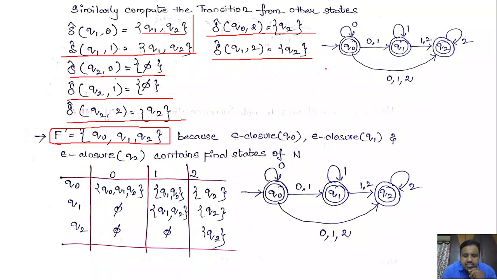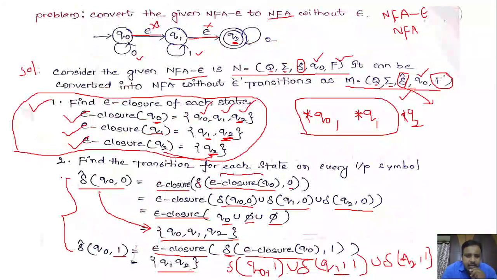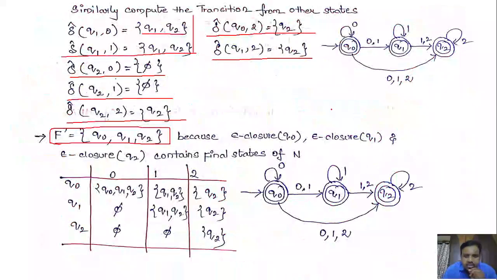So by considering these transition functions, we have to draw the state transition diagram. What is the first thing? Delta cap of q0 on 0. Where is it going? It must go to q0, q1 and q2. So three states. So q0 on 0 goes to q0, q0 on 0 goes to q1, and q0 on 0 must go to q2. Okay. Next, delta cap of q0 on 1. Where should it go? q1 and q2. So q0 on 1 goes to q1, and q0 on 1 goes to q2. Okay. Next, delta cap of q0 on 2. Where must it go? q2 itself. So q0 on 2 must go to q2. Okay.